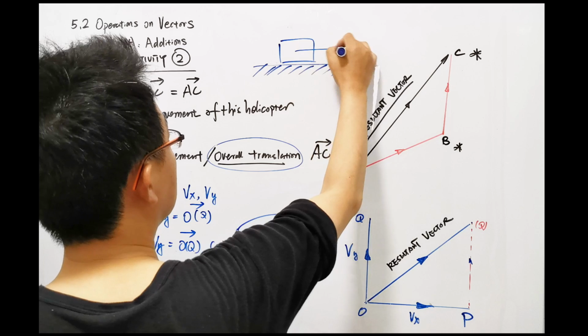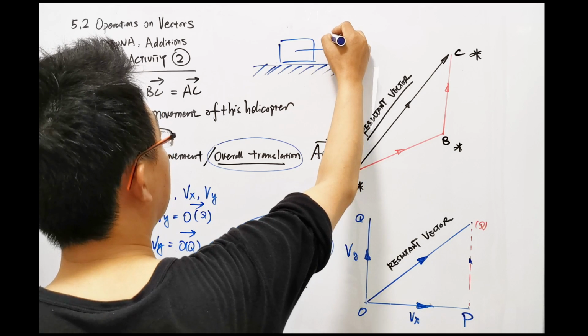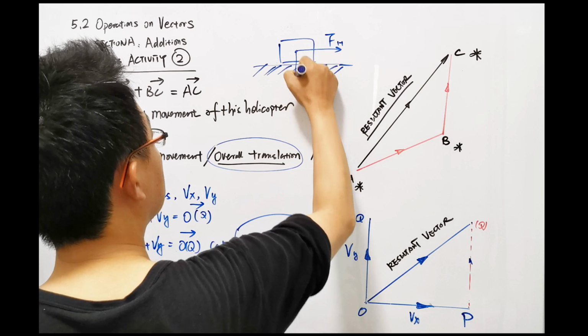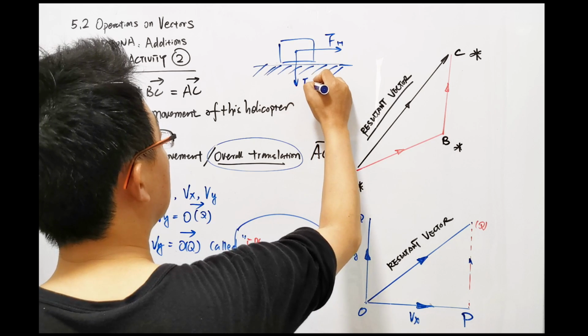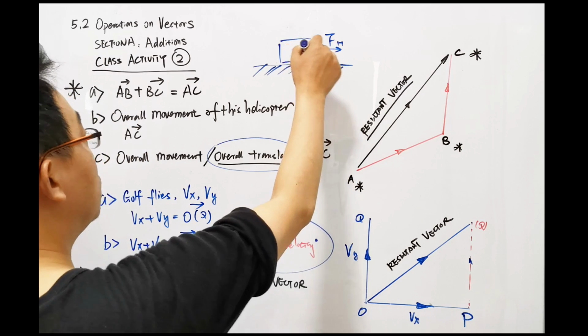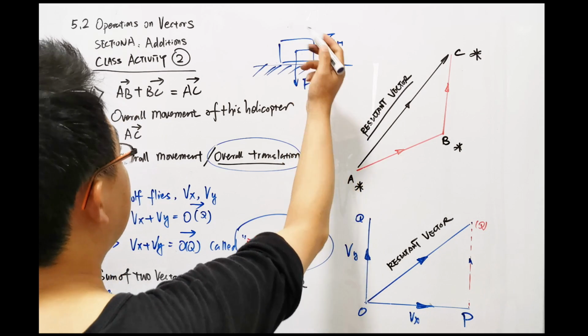We have two forces. One force is going in this direction, the horizontal force, and the other one is going down, the force vertically down. These two forces we represent as vectors.